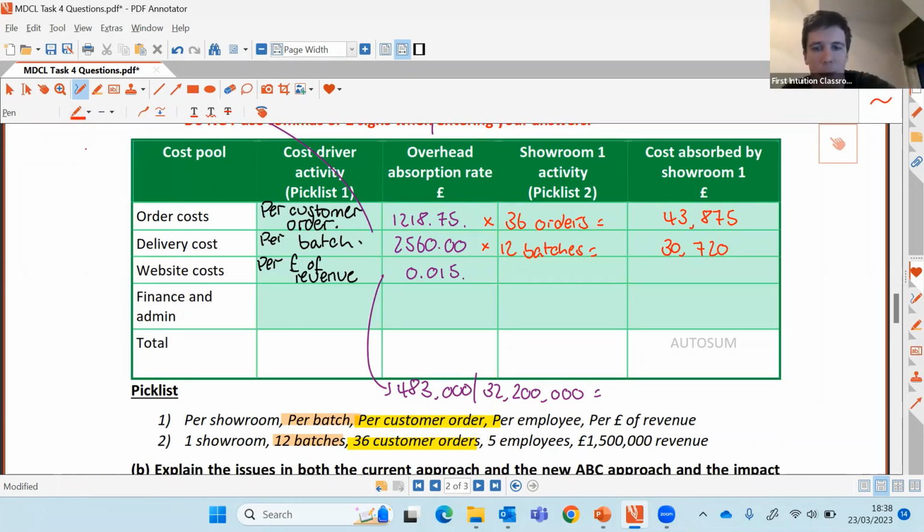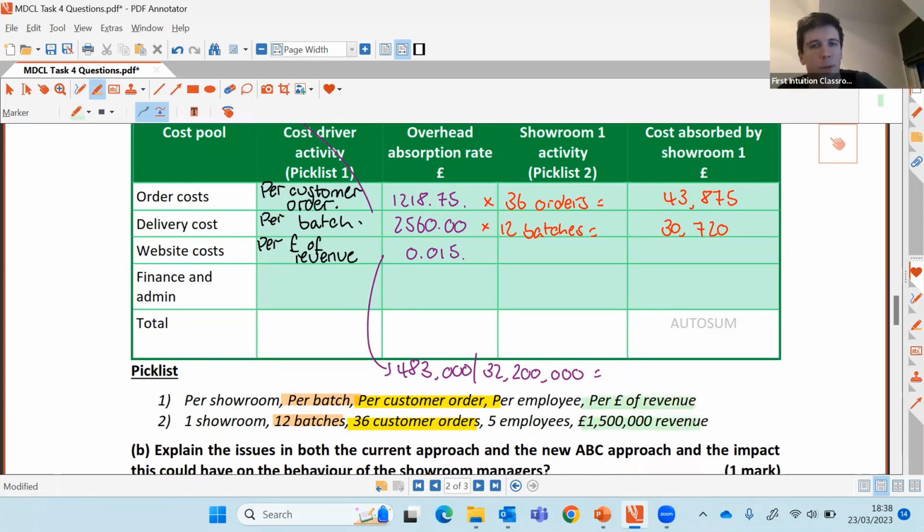We're going to multiply then that by the level of activity. And the level of activity is the pounds of revenue, as you can see down here, of which there were 1.5 million. So you're going to multiply that. 0.015 times 1,500,000.